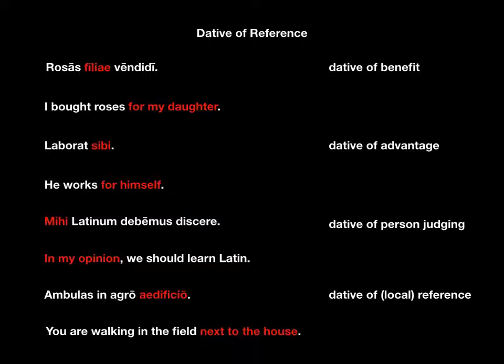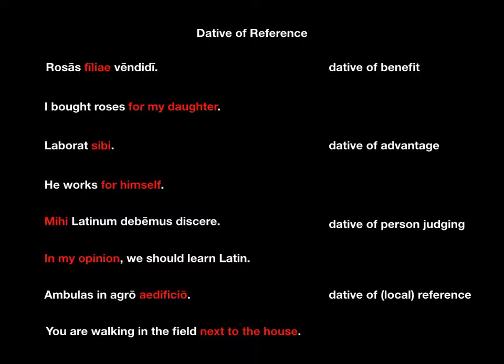And it would be good for you to begin to recognize this sort of usage when you see a dative. So a dative of reference really just usually tells the reader what advantage or disadvantage someone has in regards to the action of the sentence, or what benefit, or what is being referred to when the action of a sentence happens.